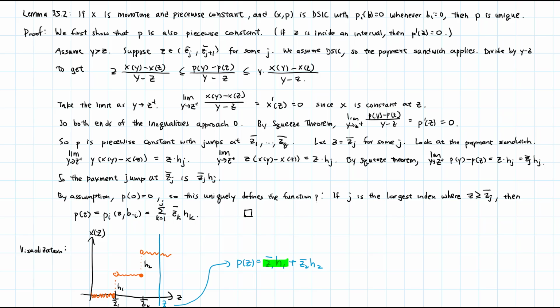Z1 bar h1 represents the area of this rectangle here, and Z2 bar h2 is the area of another rectangle. So this means that the payment is essentially the area to the left of the graph of x.